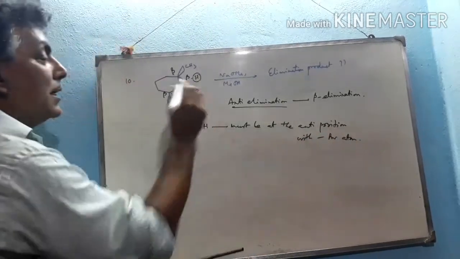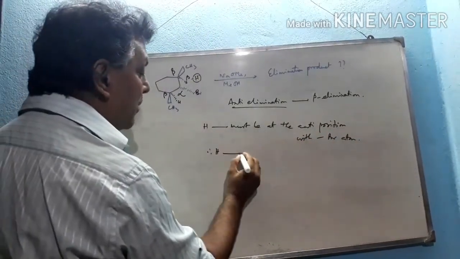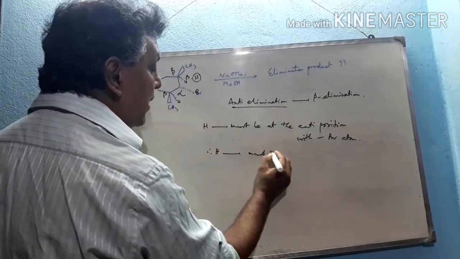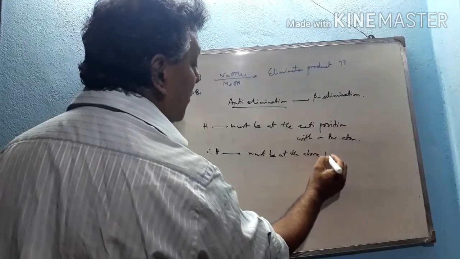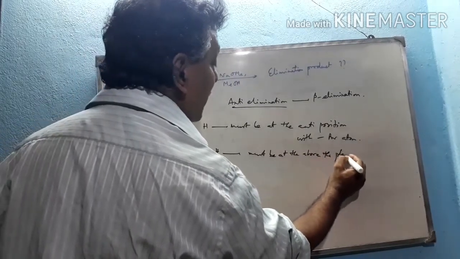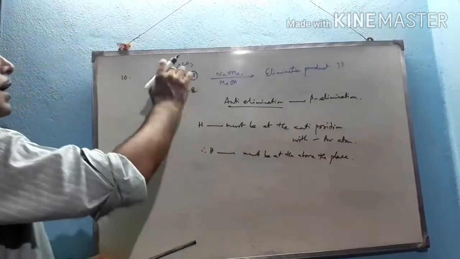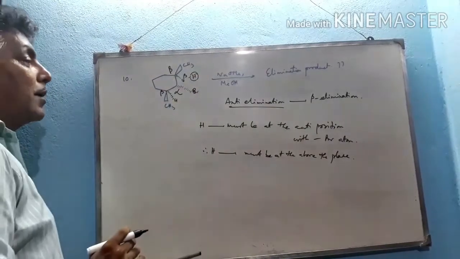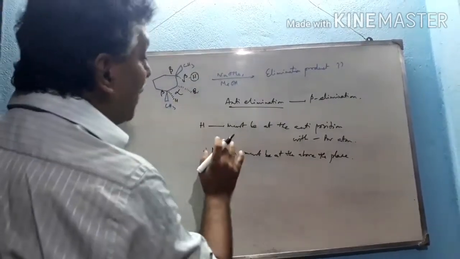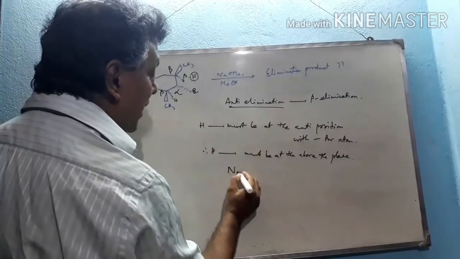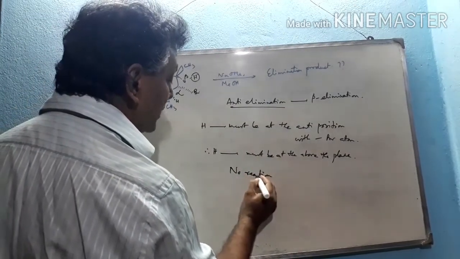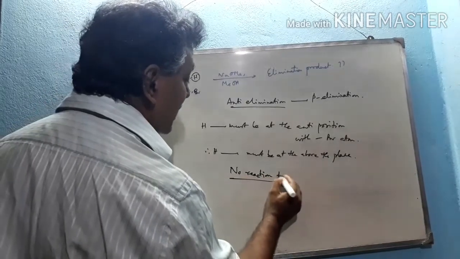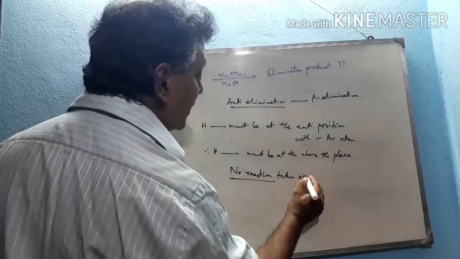That means Br is below the plane, therefore hydrogen must be above the plane. Only in that case the beta elimination occurs. But here both the hydrogen atoms on the beta carbons are below the plane, so no reaction takes place here, no elimination product will be obtained. No reaction takes place here, so no beta elimination takes place here.